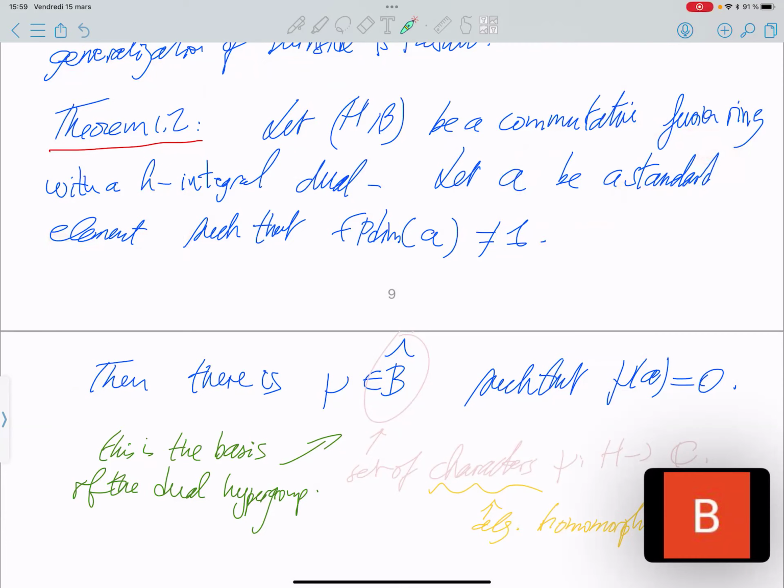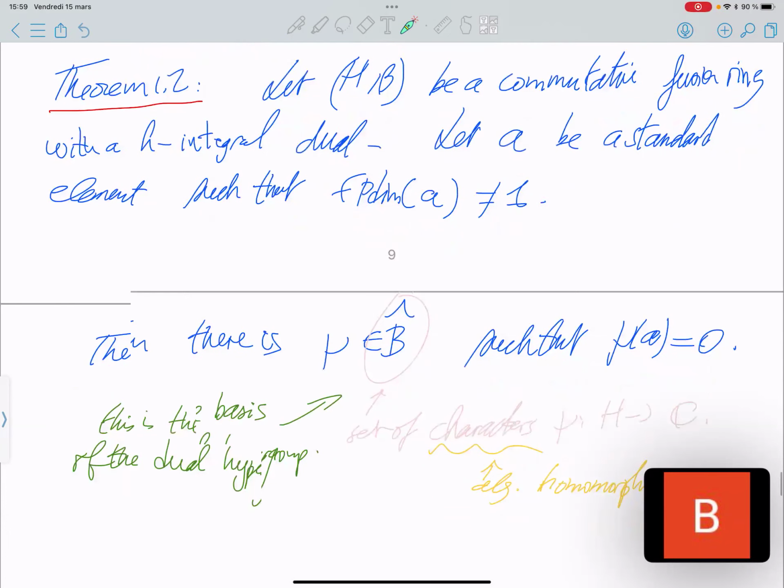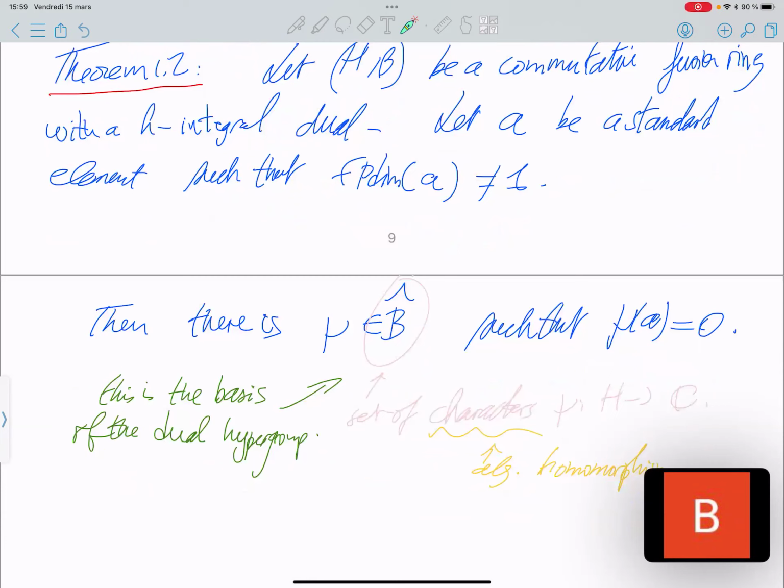And what we call character here is a column in the character table, corresponding to the conjugacy class. So I'm sorry for this. These notations are really confusing, but it's like that. So if you want to apply this theorem at the group level with the character table, what we call standard elements are the characters of the group, and what we call characters here are the conjugacy classes, or the columns.